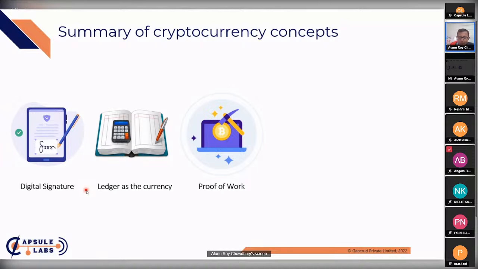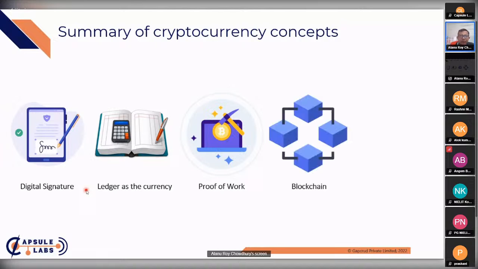We are essentially using the energy costs of computation as a preventive measure. And finally, how we are able to create these blocks, seal them with the proof of work, and chain multiple blocks together so that we can ensure that any change would require propagating that change all the way back to the genesis block.